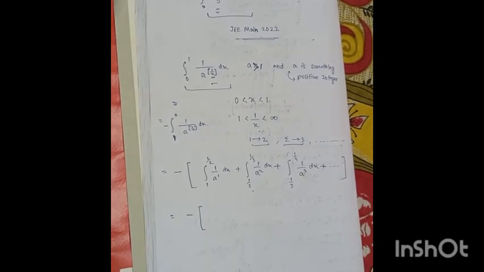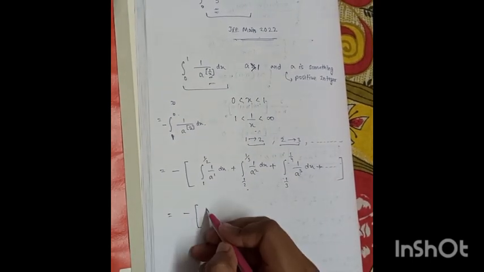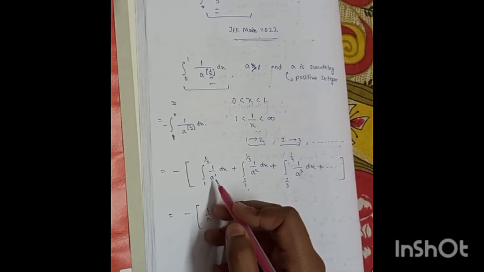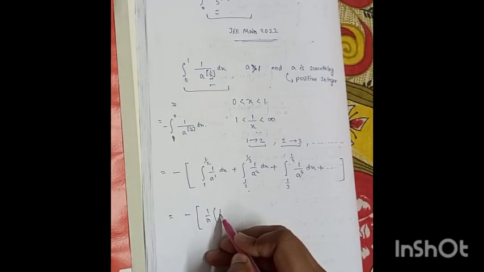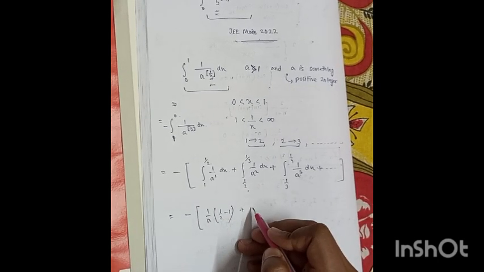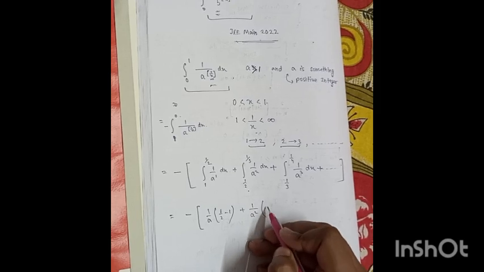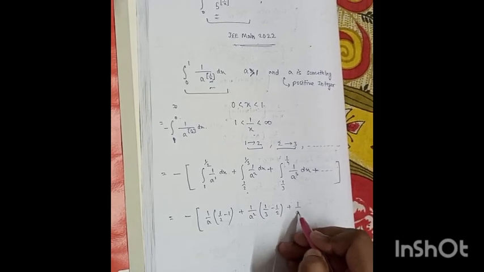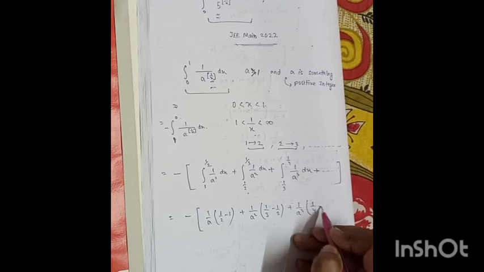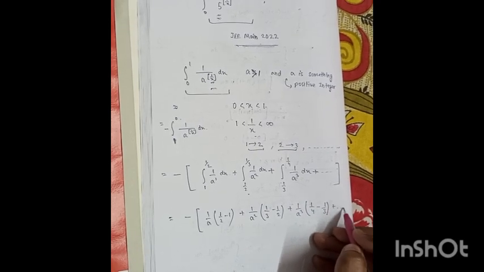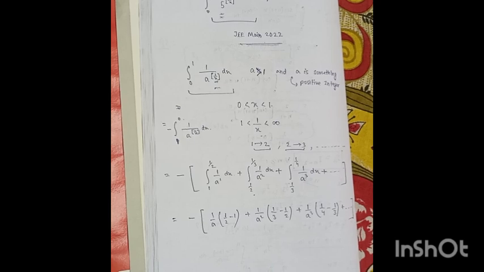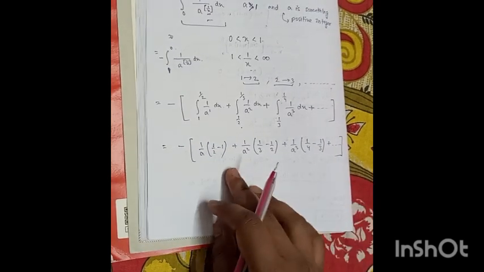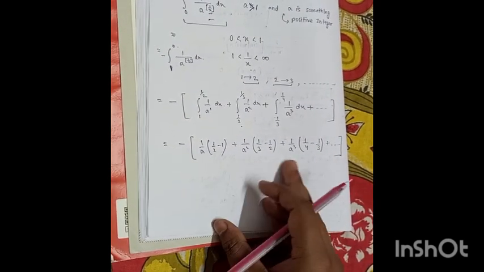So this will be minus outside, 1 by a, as this is a constant, times half minus 1, plus 1 over a squared times 1 by 3 minus half, plus 1 upon a cubed times 1 by 4 minus 1 by 3, plus so on up to infinity. Now see, this is an infinite series.